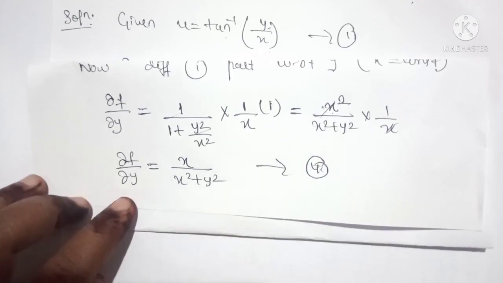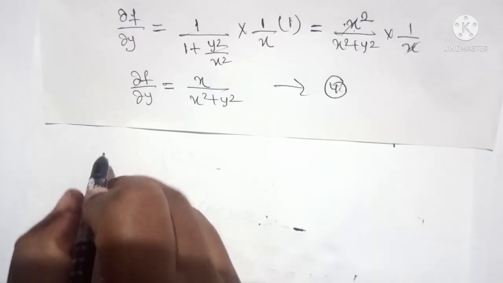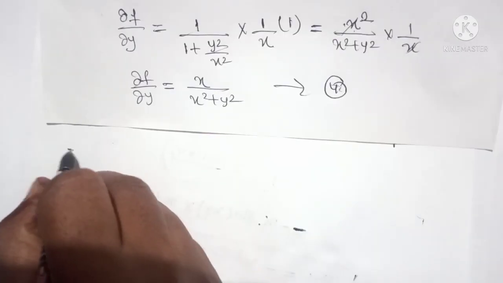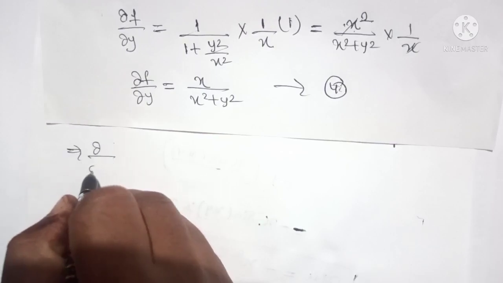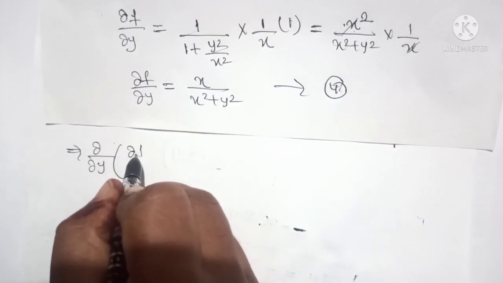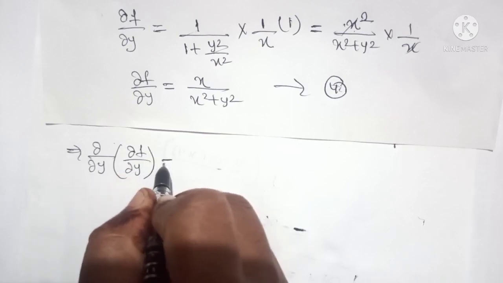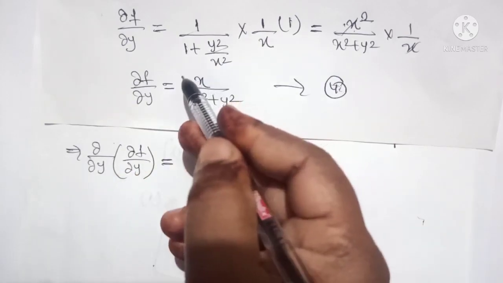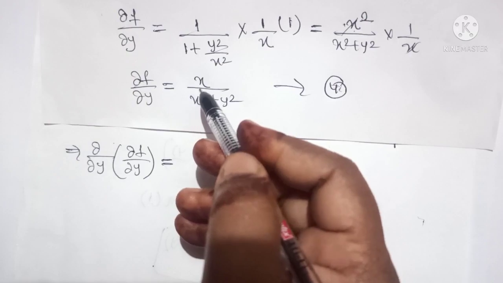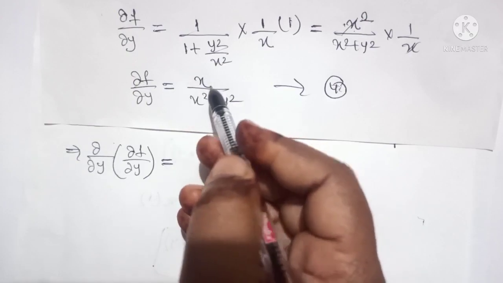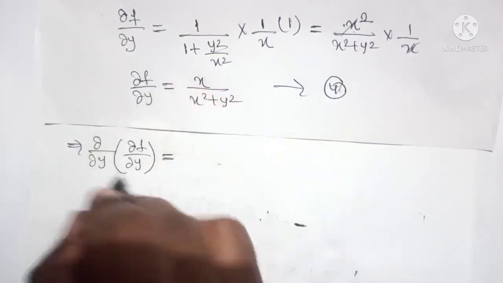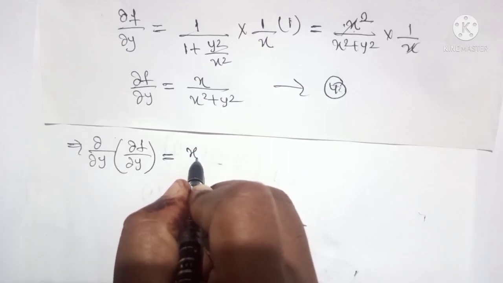Again differentiating, we get dou by dou y of dou f by dou y is equal to, so here also in the numerator we have only the x term, that means it is constant. We can directly differentiate by taking the constant outside, that is x is constant, we take it outside.